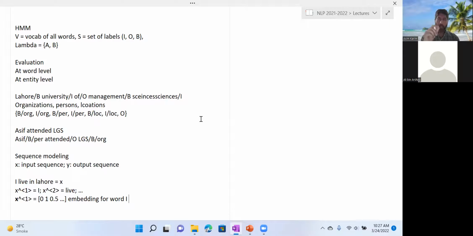And usually, if you write it in the strictest sense, it will be bolded. But while I'm doing it in class, I may not bold all X's or Y's, but you should understand from the context that it is a representation. And if that representation is a vector, then generally we will write it as X bolded.